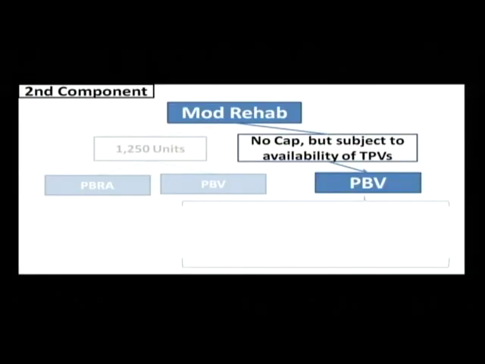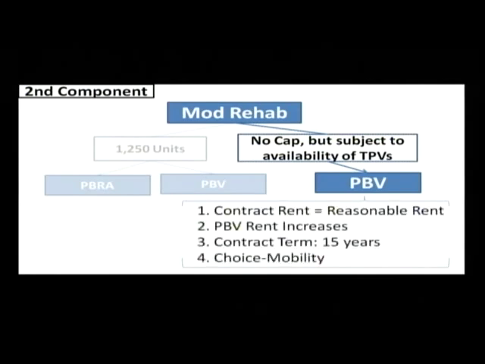But under the second component of the demonstration, PBVs will be provided to Mod Rehab owners who are eligible and apply. They will be provided in lieu of tenant protection vouchers that otherwise would be provided to the tenants. Conversions under the second component are non-competitive, but they are subject to the availability of tenant protection voucher funding.